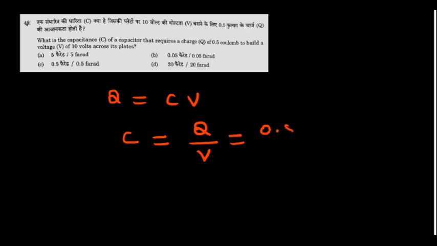What is the capacitance of a capacitor that requires a charge Q of 0.5 coulomb to build a voltage V of 10 volts across its plates? So it is based on the equation Q equal to CV. What we have to find is C. So C equal to Q upon V. What is the Q value? 0.5 coulombs.